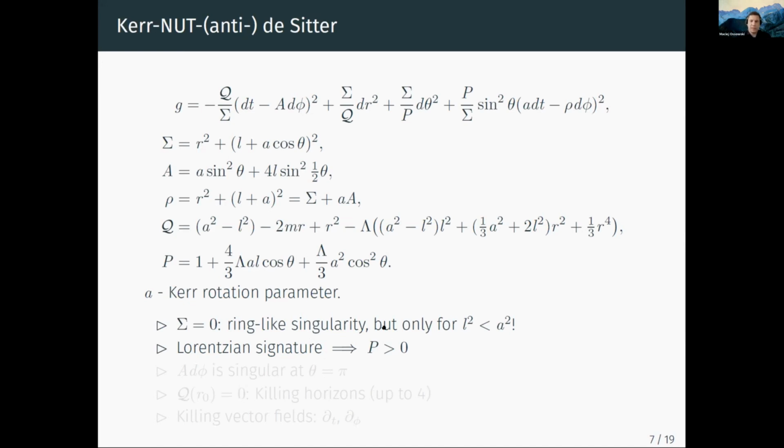We have some formal conditions like P has to be greater than 0 to maintain the Lorentzian signature. And also we find here the term that was problematic in the Taub-NUT case. So this one-form now is A d phi. And while sine squared theta is completely fine, sine squared of half theta is again singular, but now we have started with coordinates that are non-singular only in half of the axis.